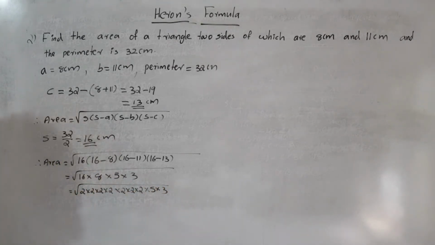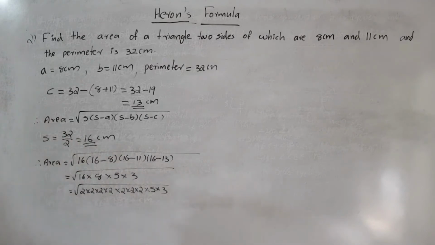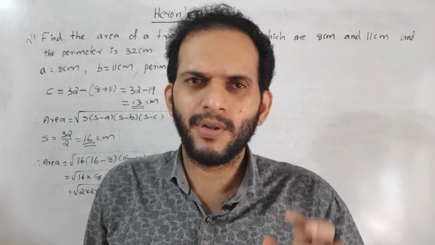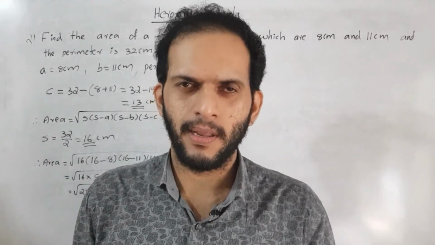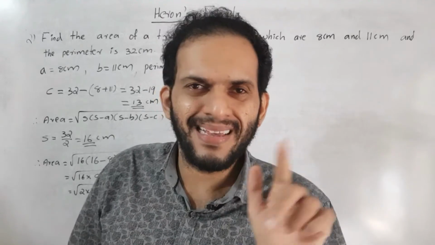Correct? Then by using 2, how many pairs are possible? We just count how many 2s are here. 1, 2, 3, 4, 5, 6, 7. Then 7 2s. It is not possible to make groups using the 7 2s because it's an odd number. Correct? Then we just avoid 1, then we get 6 2s.